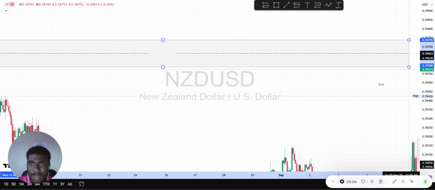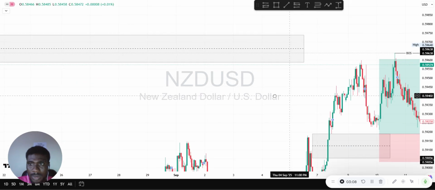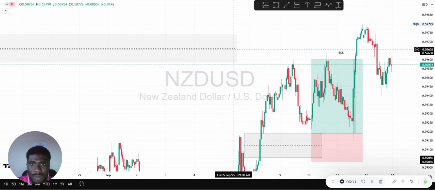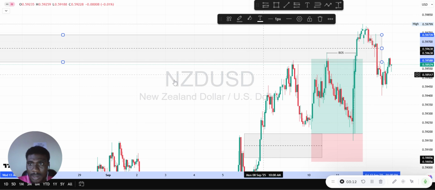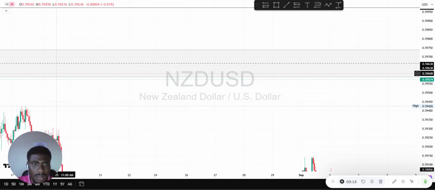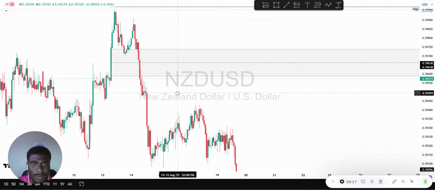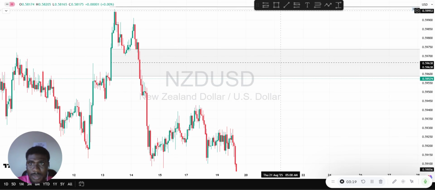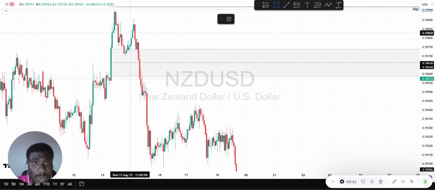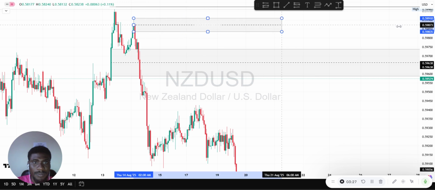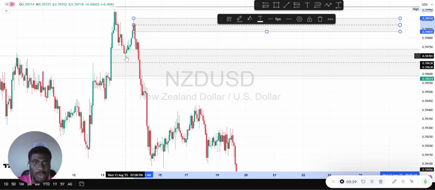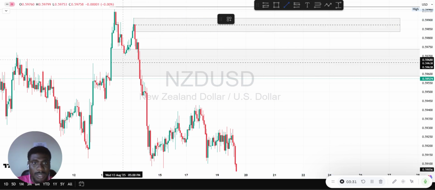Let's draw this out real quick so you can see. Price reacted to that, and it tapped into our order block here that actually broke this structure. Now this is valid because this internal structure was broken.